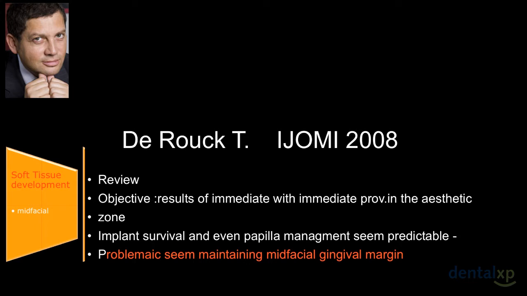By having a good contour of the emergence profile, giving enough space for the soft tissue, we might prevent soft tissue recession. But still we are in the trial and error period, and we saw in the literature that more problematic seems the mid-facial gingival recession.